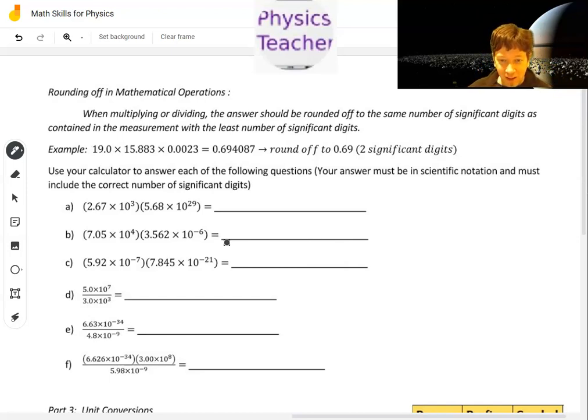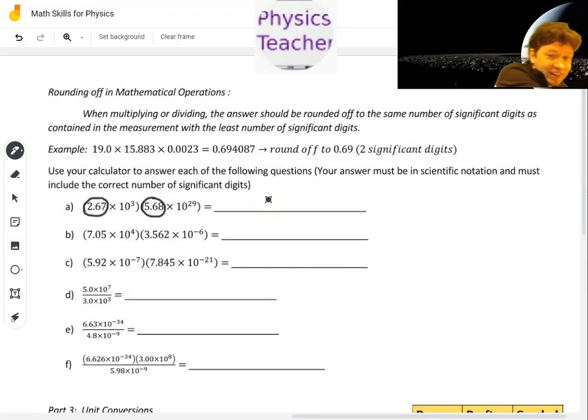So, this is our rule for rounding off. Let's look at these two numbers. I'm multiplying these numbers here. This one has 3 significant digits and this one has 3 significant digits, meaning my answer should only have 3 significant digits.